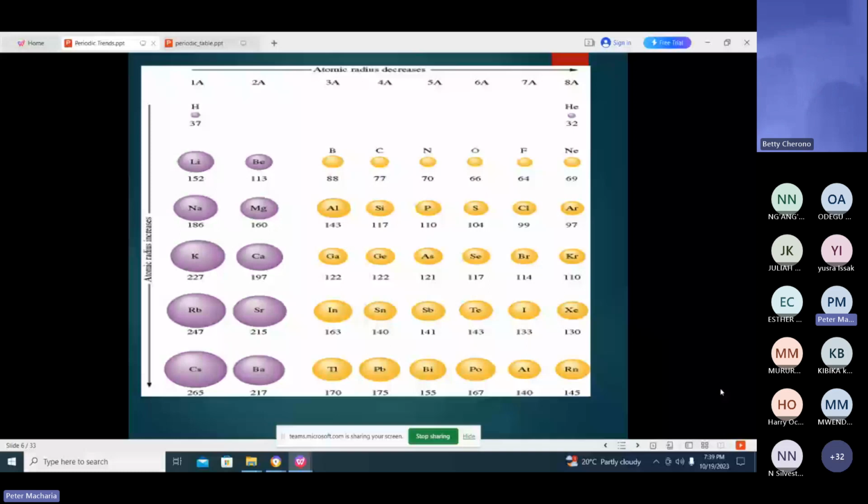As we go across the period, the atomic radius decreases. However, as we go from group 7 to group 8, when you go to the noble gases, there is a slight increment in the atomic radius. Why?